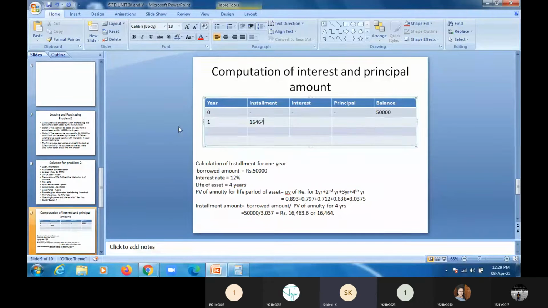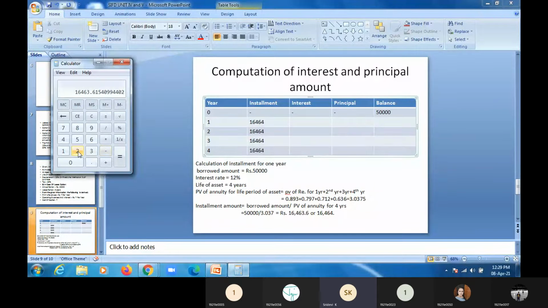When you come to the first year, how much are you going to pay? 16,464. This is the installment amount. Every year this is repeated; there is no change in this 16,464, and in the fourth year also you are going to pay 16,464. Now we need to find out how much you are going to pay as interest. First year, 50,000 into the interest rate of 12%.